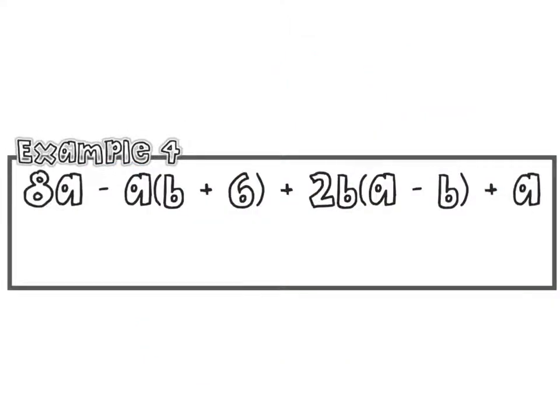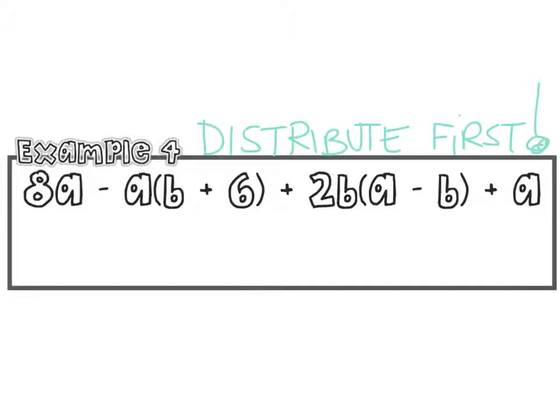Okay, example 4 is a bit challenging, but let's do that distributive property first. Now, when we're distributing, it's multiplication. So there's going to be one little interesting thing that happens in our second set of parentheses. Okay, so let's bring down 8a, sorry. All right, here we go. Distribute.